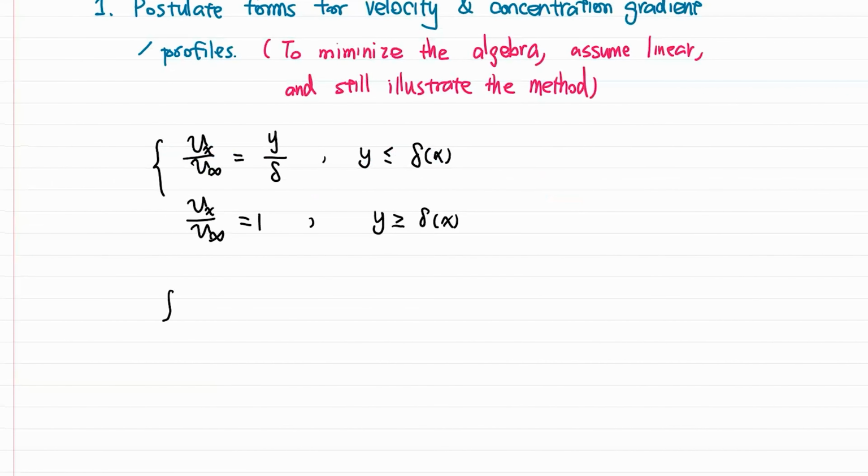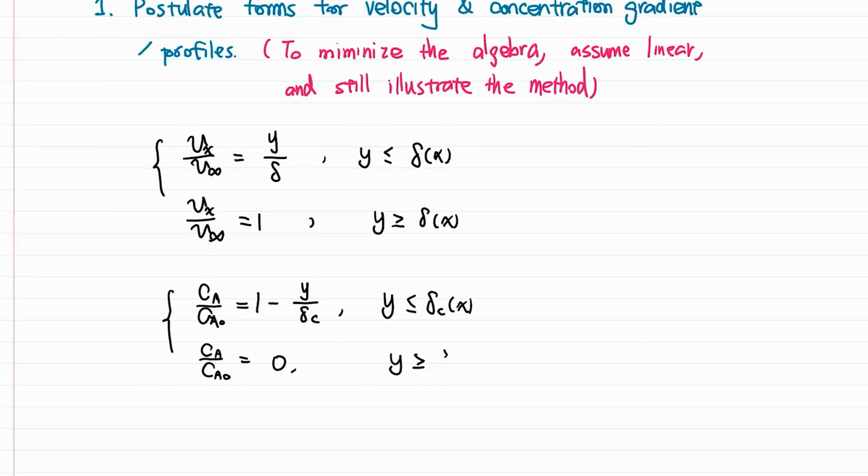Similarly, we can say the same for the concentration profile. So Ca over Ca naught will equal 1 minus y over delta sub c when you're inside the diffusional boundary layer. It would equal 0 when you're outside the diffusional boundary layer.